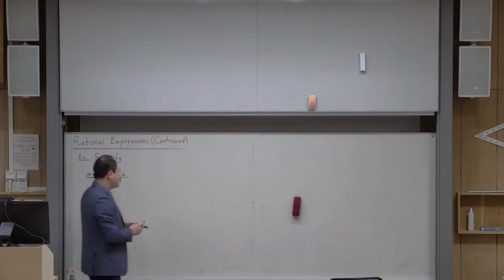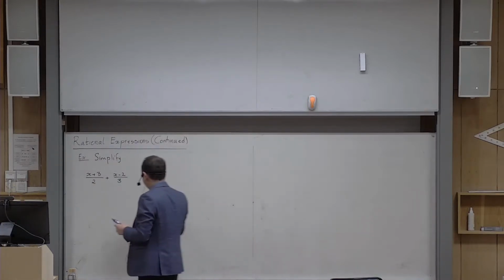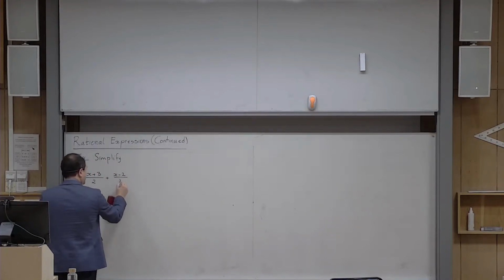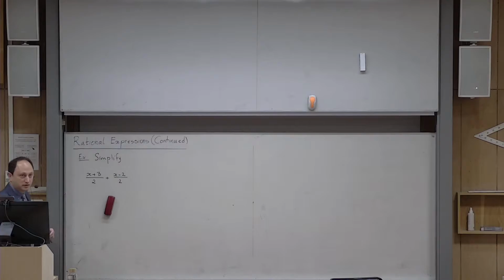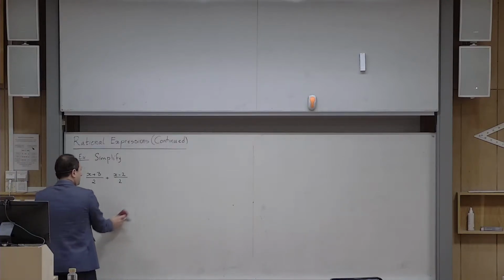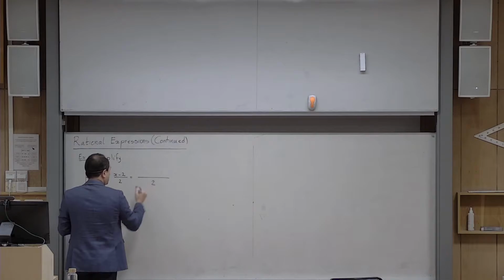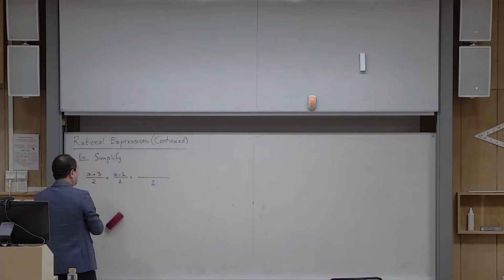By the way, maybe this is not the simplest possible scenario. The simplest possible scenario is that I already have the denominators the same. If I have the denominators the same, this is not a very big problem. What I do is write the common denominator, and then I start adding the numerators.